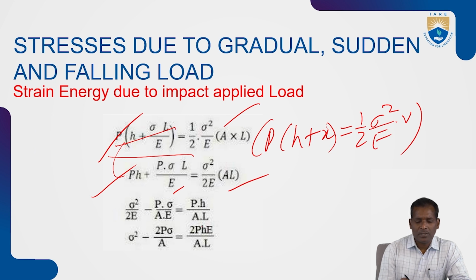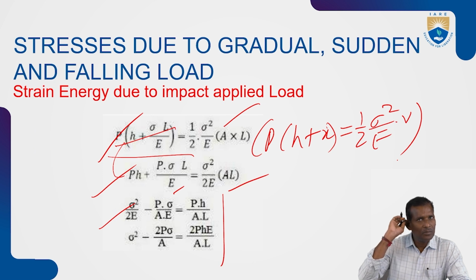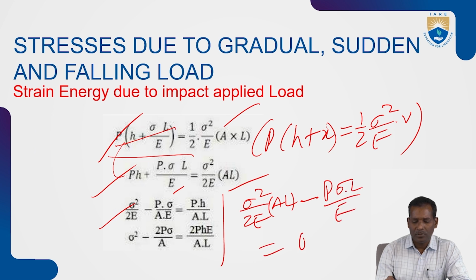Now simplify this equation: sigma square by 2E minus P sigma by AE plus PH by AL. So simplify, AL minus P sigma L by E is equal to PH.